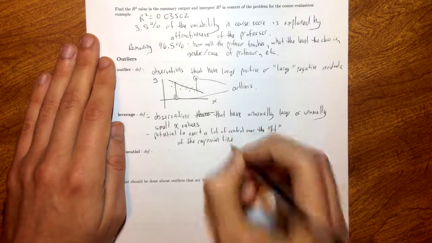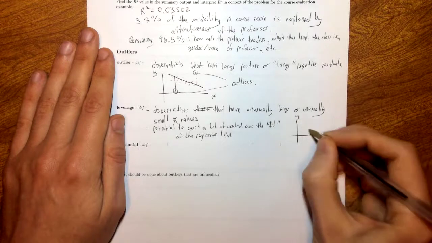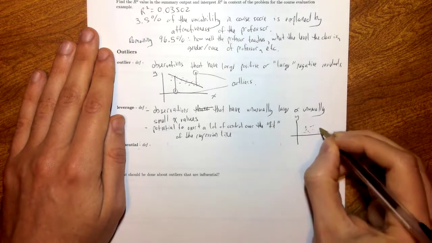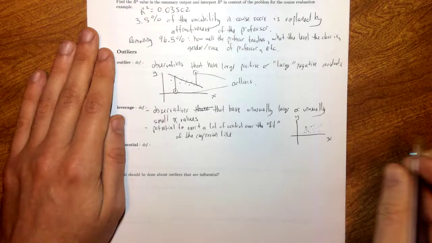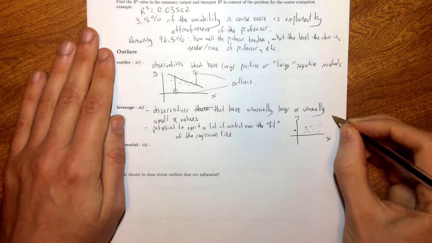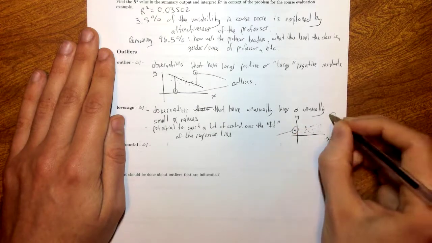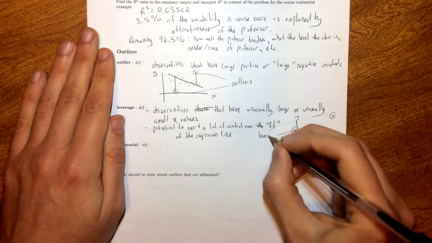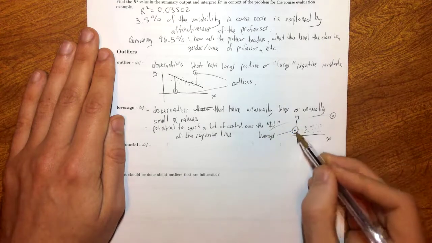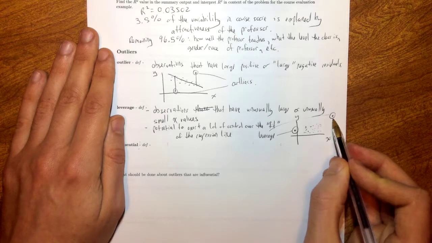These are fairly simple to identify. If you have a scatter plot, then what makes a point a leverage point is if it has an unusually small or an unusually large x value. Both of these would be classified as leverage because this one has an unusually small x value, this one has an unusually large x value.